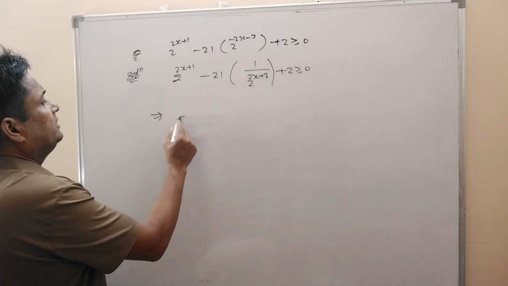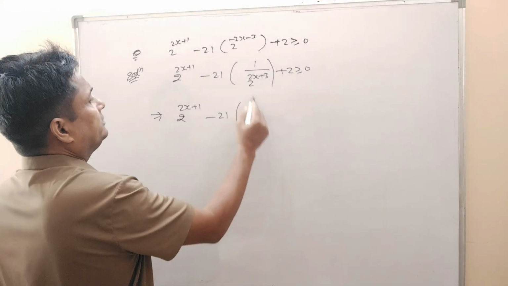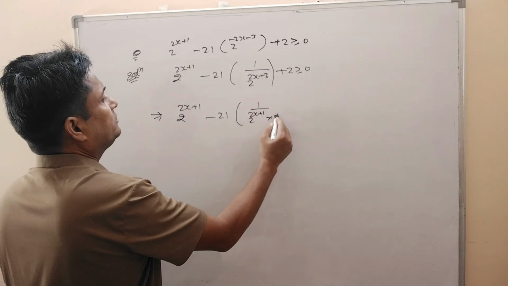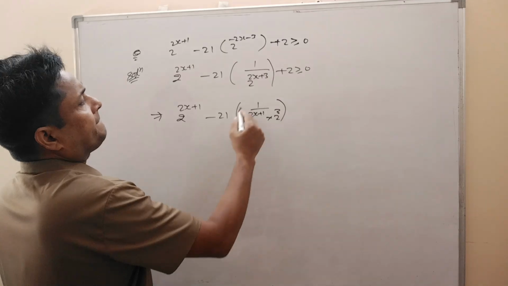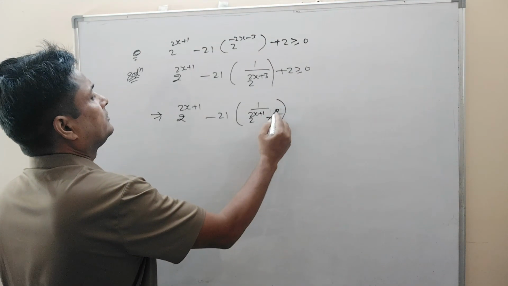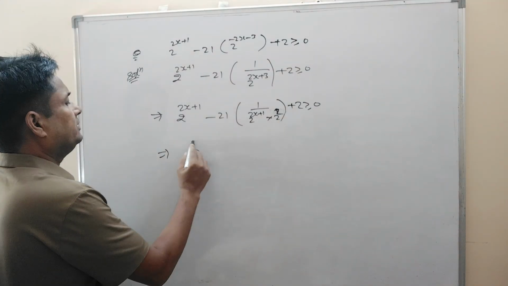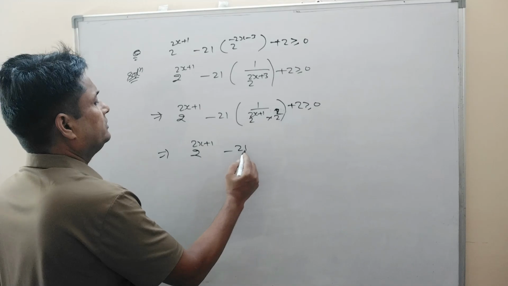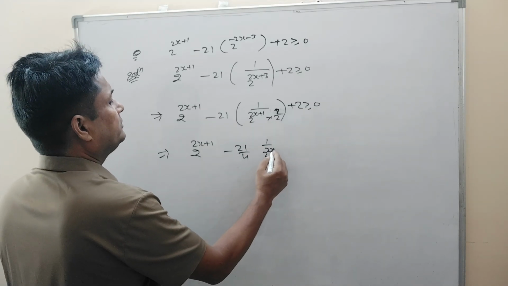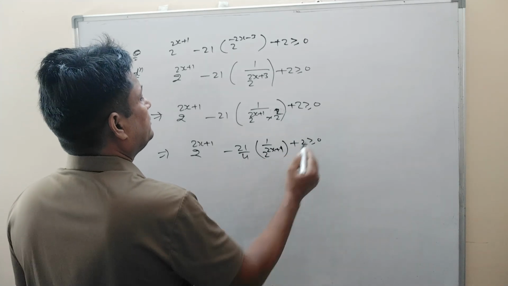And this can be written as 2 to the power 2x plus 1 minus 21, and this can be written as 1 by 2 to the power 2x plus 1 into 2 to the power 3, plus 2 greater than or equal to 0. So this is 2 to the power 2x plus 1 minus 21, and this will be by 4, and 1 by 2 to the power 2x plus 1 plus 2 greater than or equal to 0.